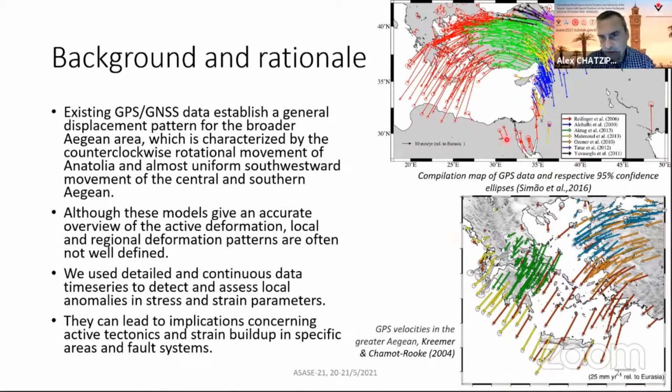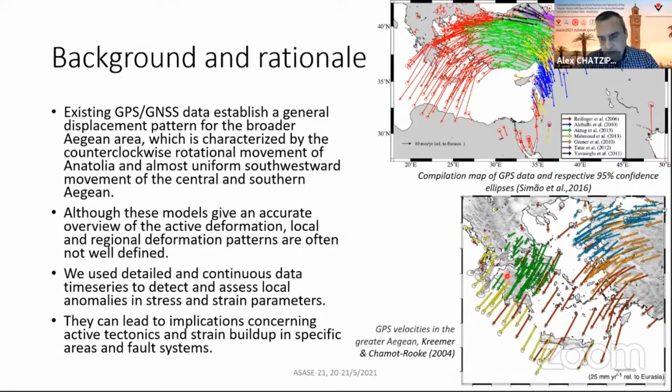You see here a compilation map of several authors for the Eastern Mediterranean, and also from several studies for the Aegean area. So this general pattern is well established, and we know that this is the case.